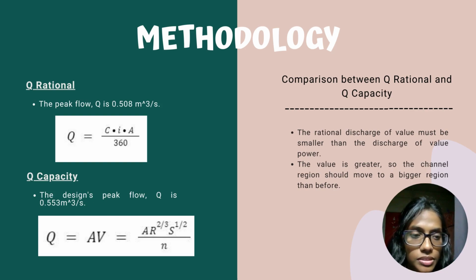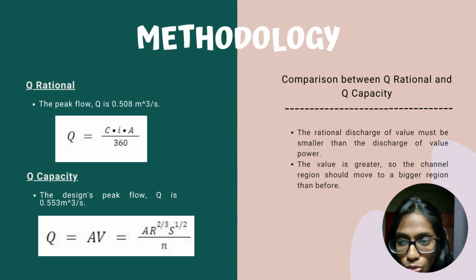Next will be the comparison between Q rational and Q capacity. The Q assumption for the new drainage design needs to be found following the rational method's final step. The Q assumption was calculated using the Manning equation. Before applying the Manning equation, the area, the perimeter, and also the slope were determined.